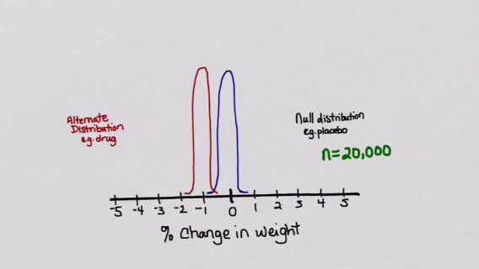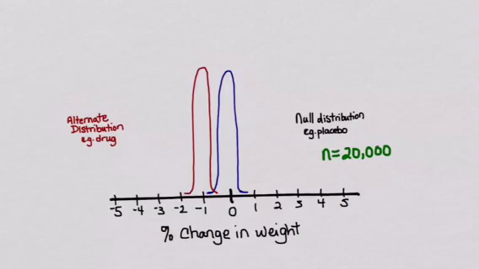So now remember what happens when you increase the sample size of a distribution. You narrow the distribution because what you do is you decrease the standard error. So here we have a massive increase in the sample size. So we multiplied the sample size by 100. So now we have 10,000 people taking the drug and 10,000 taking the placebo.